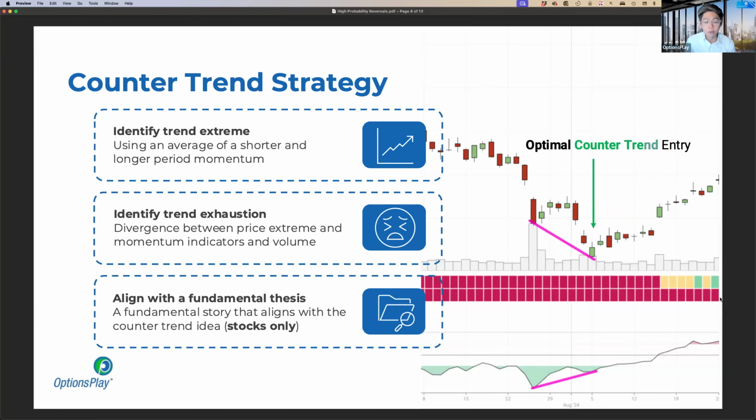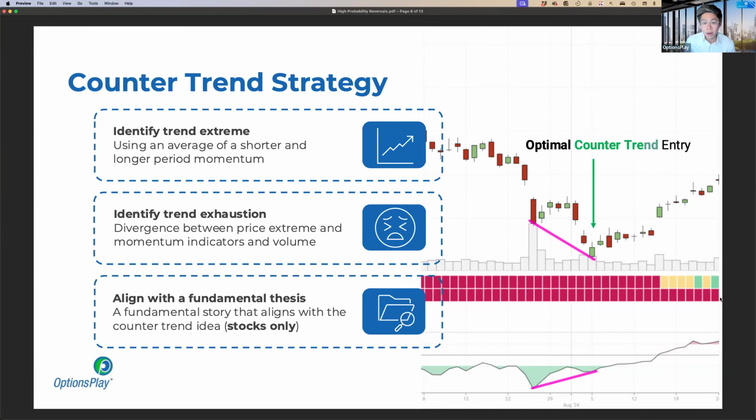So what we want is a better way to identify those price extremes at which we believe price is going to reverse from one trend back into another trend. Over my 18 years of doing this, I've seen lots and lots of different strategies and indicators that try to do this better than the standard RSI.